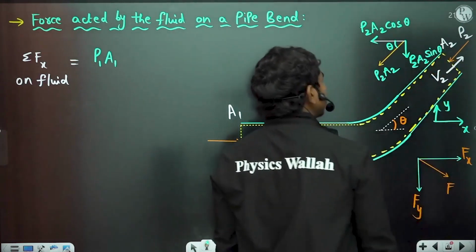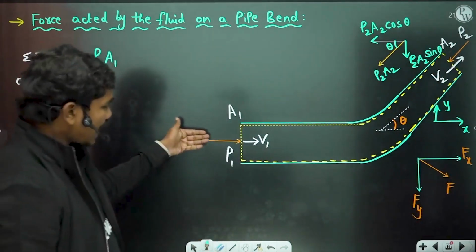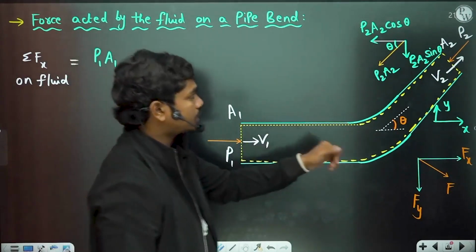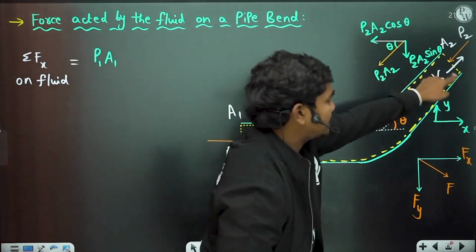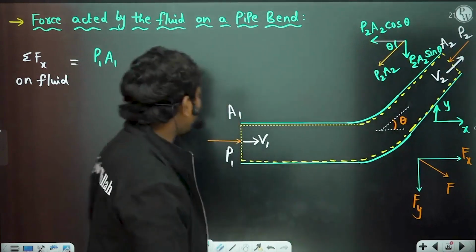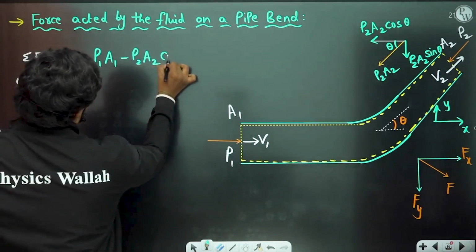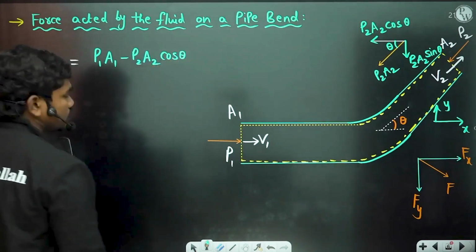Now P1 A1 is acting in the positive x direction. Next, P2 A2 cos theta is acting in the negative direction, towards the negative side, so minus P2 A2 cos theta. These are the forces due to fluids.